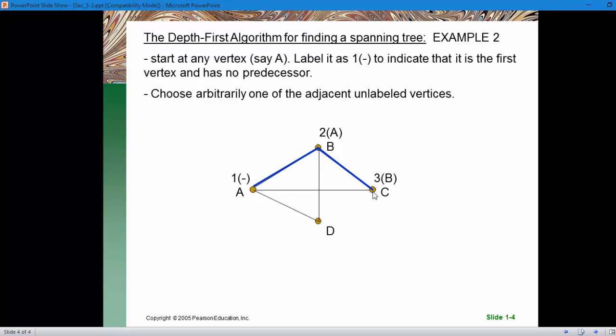We reach the end. There is nowhere I can go. There are no more adjacent vertices. And then I backtrack to the previous vertex, the predecessor, B. And from B, I try to go as far as I can through another direction. And so here I can go to D. Go there.